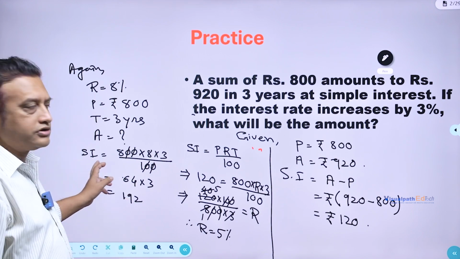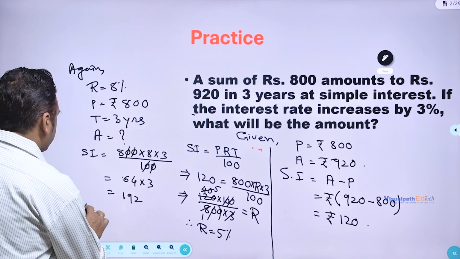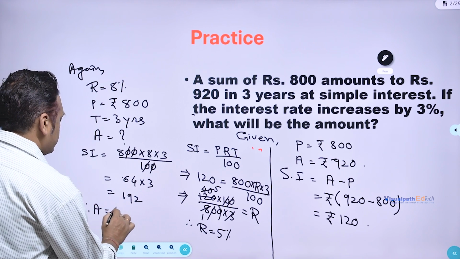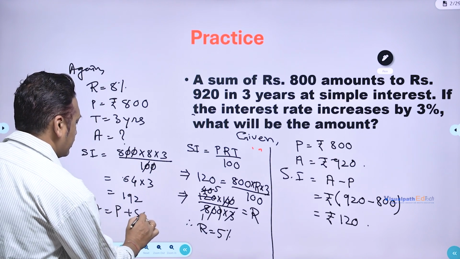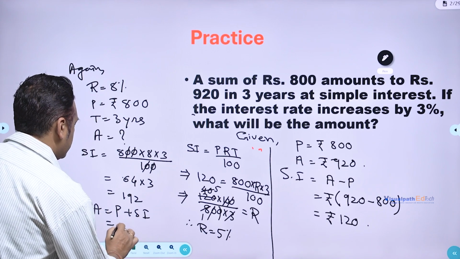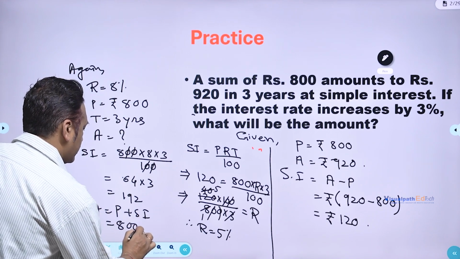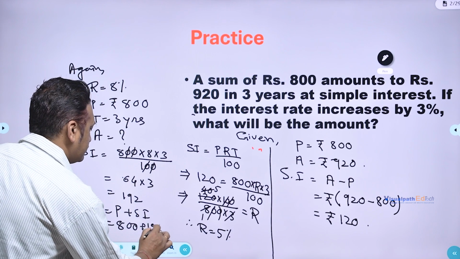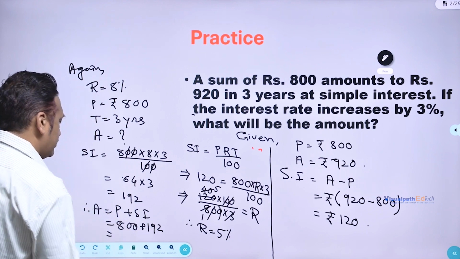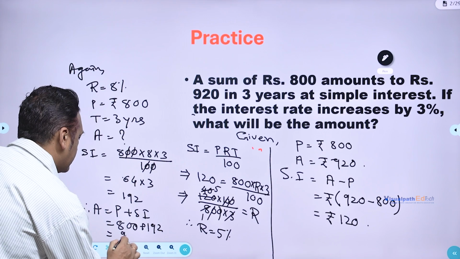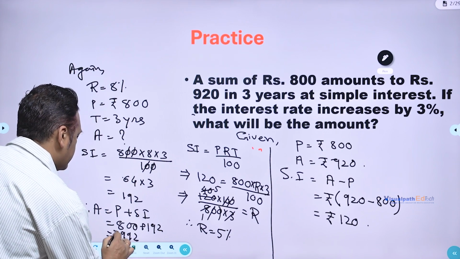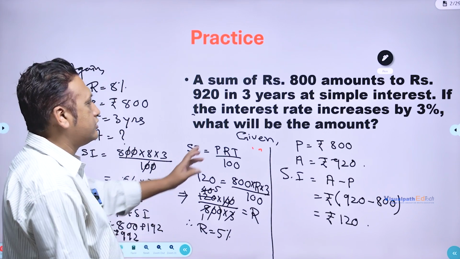So that's the simple interest. Now we have to find out the amount. Therefore, amount will be P plus SI, which is 800 plus 192. So finally, we will be getting 992 rupees if the rate of interest increases by 3%.